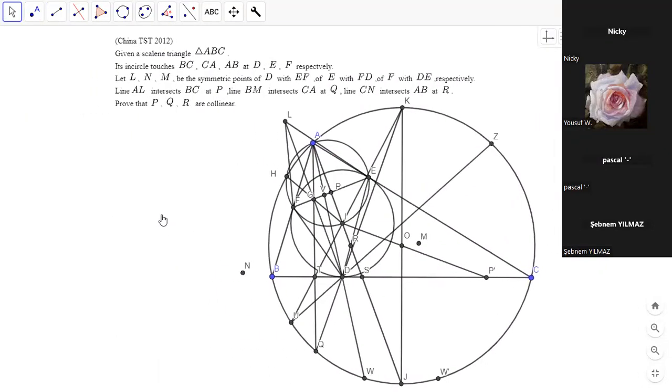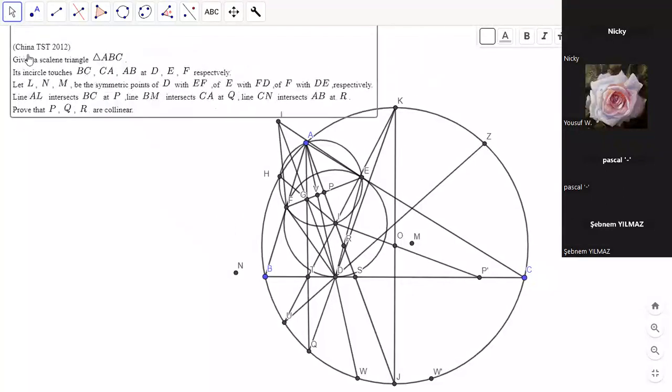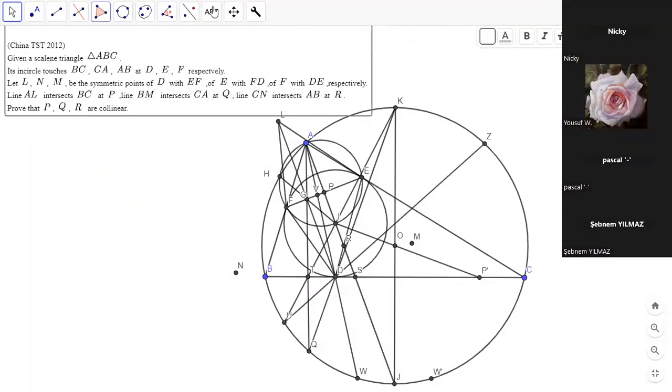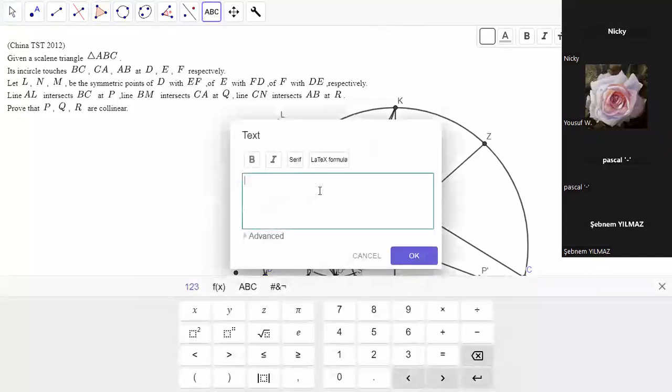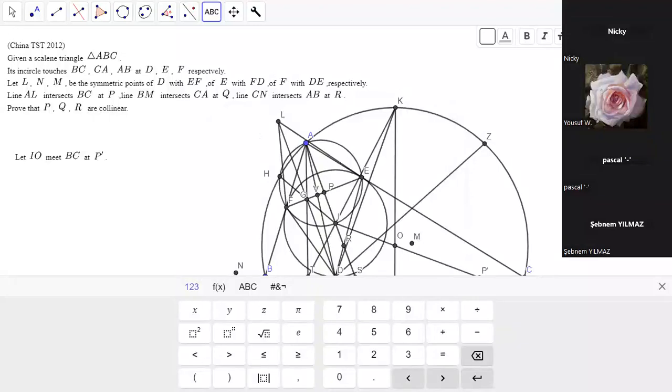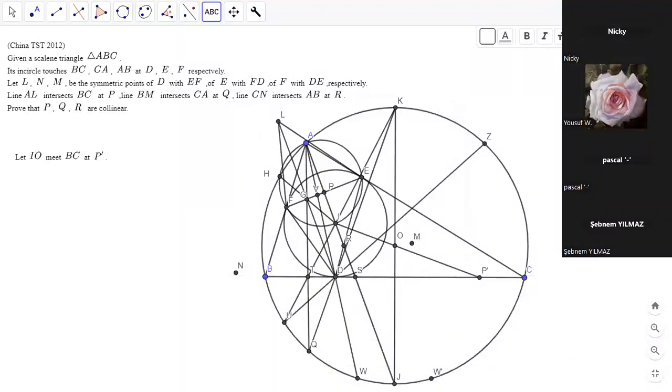So let IO meet BC at P prime. Okay, and then what we'll do is we'll project.